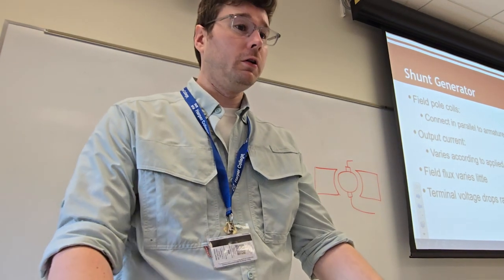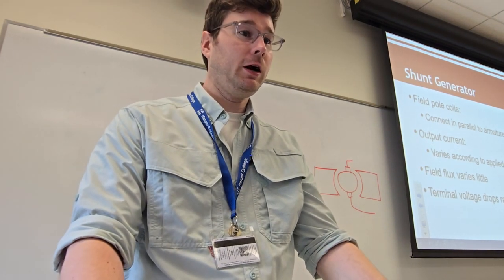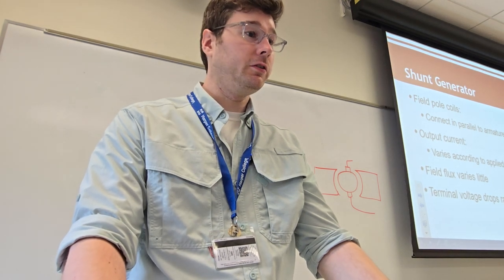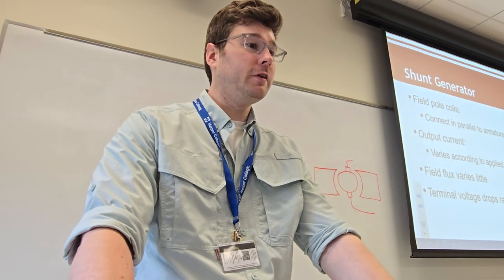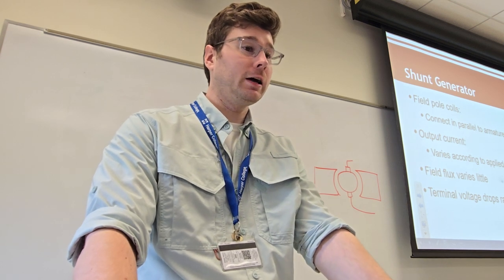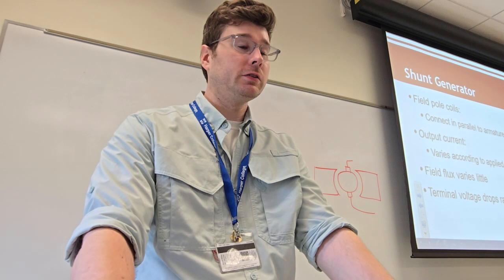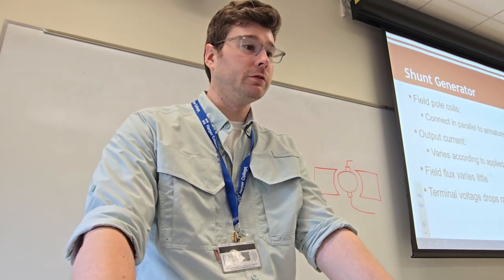The field pole coils connect in parallel to the armature. So these are both connected parallel to the armature. The output current varies according to the load, so a bigger or smaller load will affect how much current our generator is capable of creating.